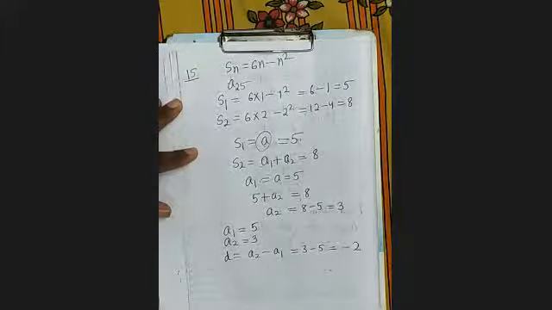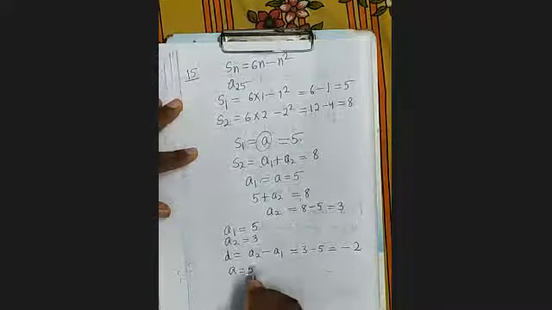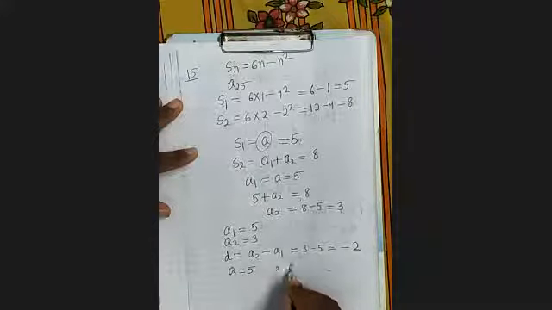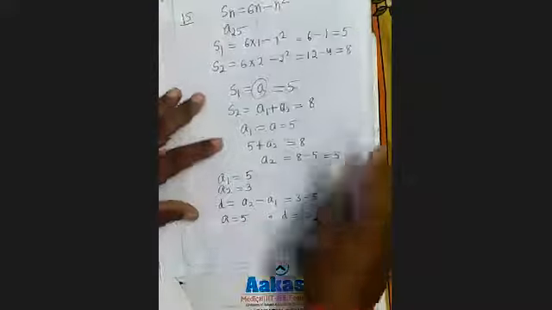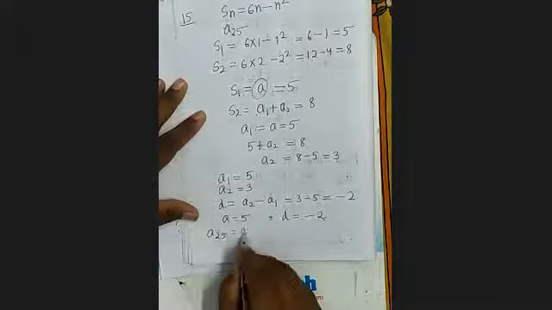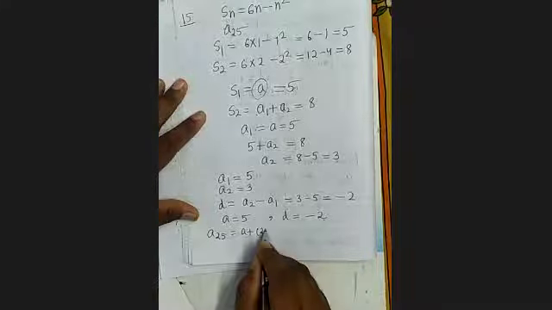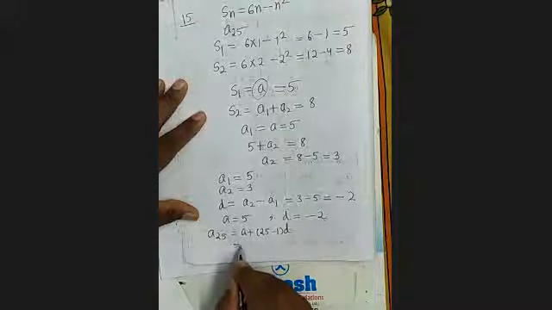This point is clear? अब तुमको पता है A equals to 5, D equals to minus 2. So you can find A25. A25 is A plus 24d.